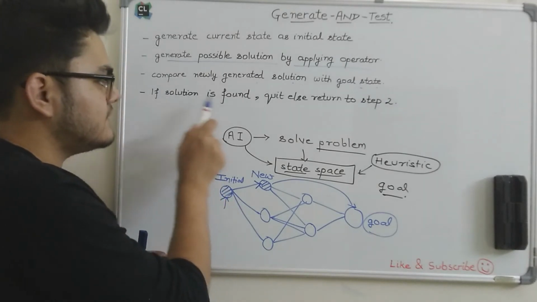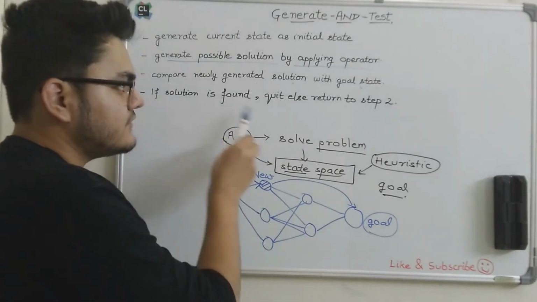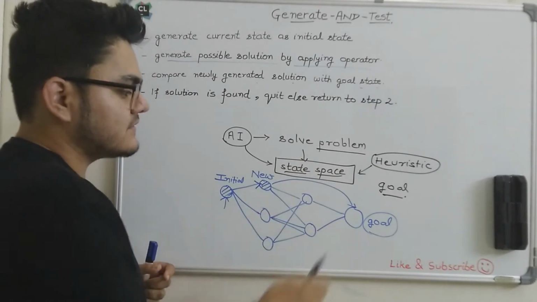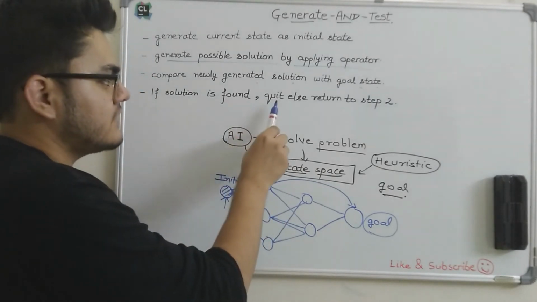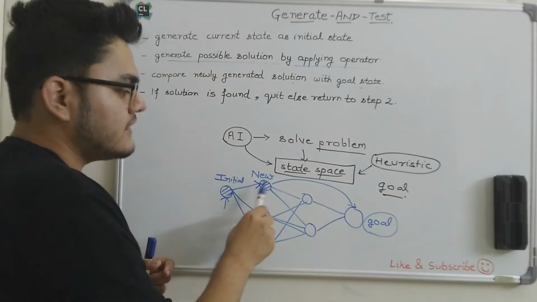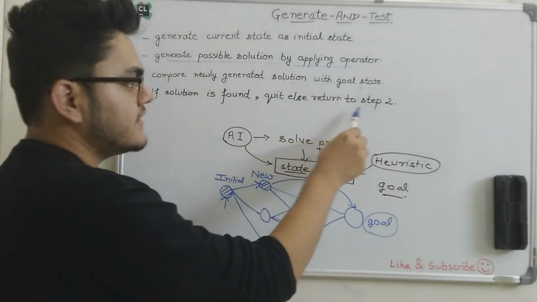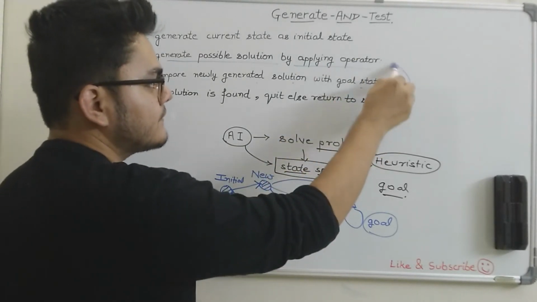Now, if the solution is found, it means that the new state is the goal state. But you can see here it is not the goal state, so we are not going to quit. We will quit only when the generated state is the goal state. Else, return to step number 2, which is this step.